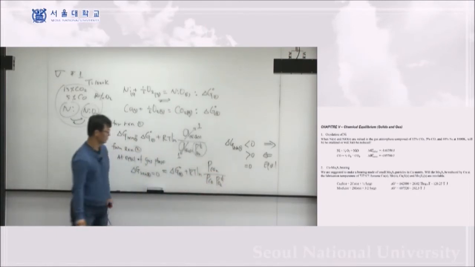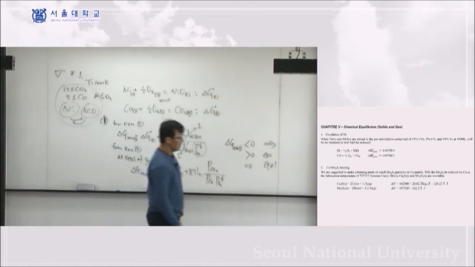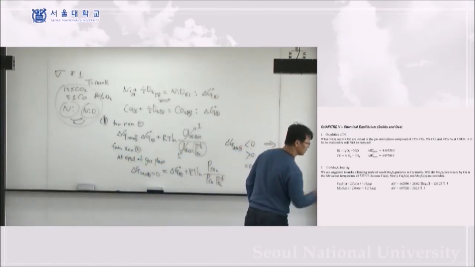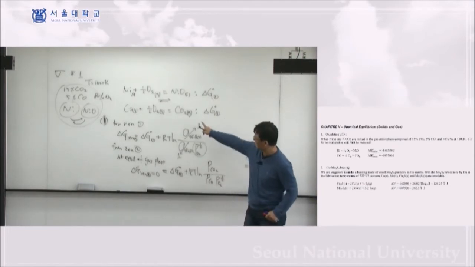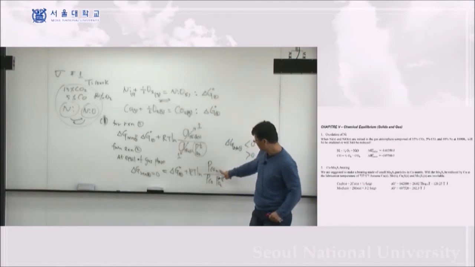I think there's actually one problem here. If you want to calculate PCO2, you need the mole fraction over the gas phase, or volume fraction, which is the same in terms of gas, and the total pressure.